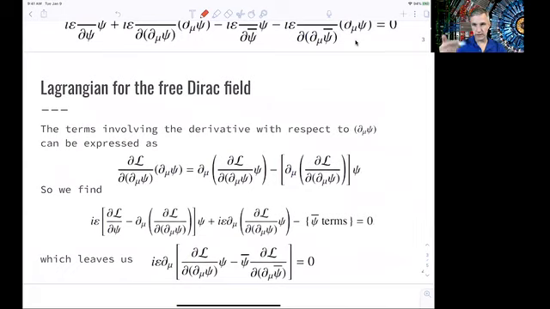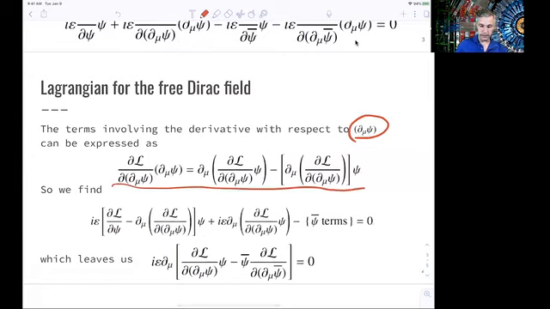So this is already with a vision of what we would like to actually find later. If we now look at the terms involving the derivative with respect to d mu of our spinor, we can express these equations as shown here.